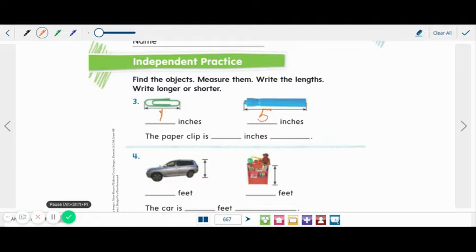Alrighty, so the marker is 5 inches long, taking our biggest number and putting it up here, and then our paper clip is 1 inch, which leaves us with 4. So that tells us that the paper clip is 4 inches shorter than the marker. It's 4 inches smaller.